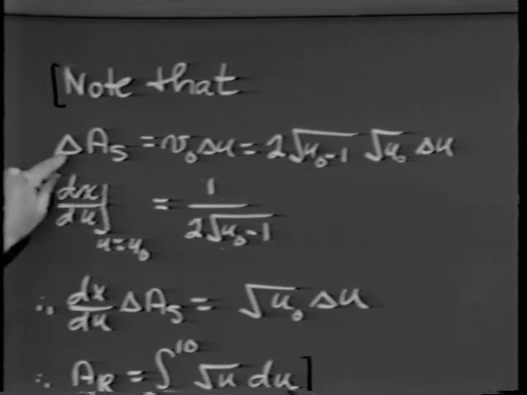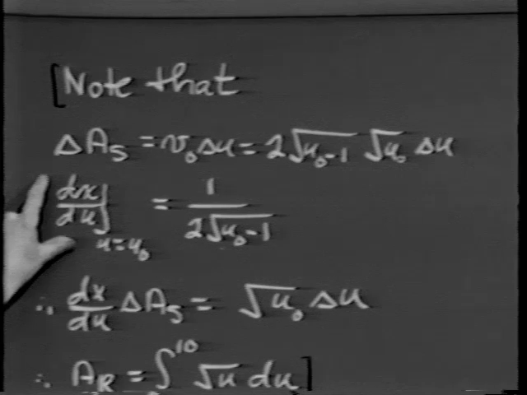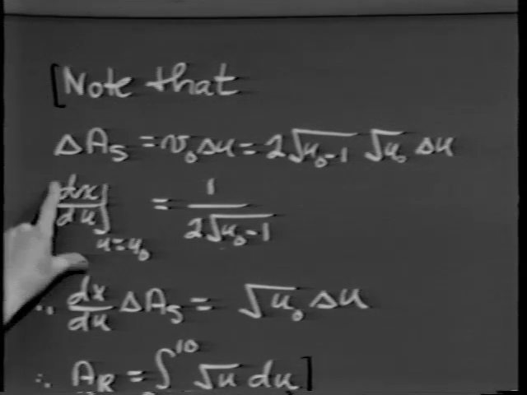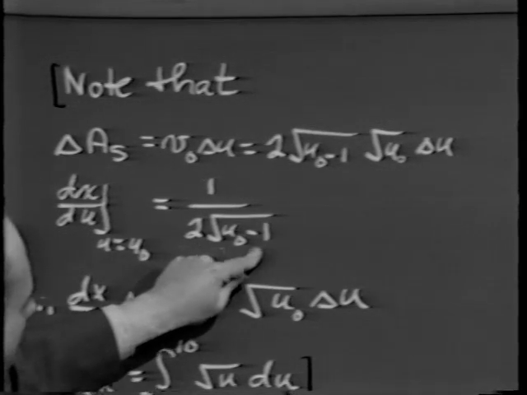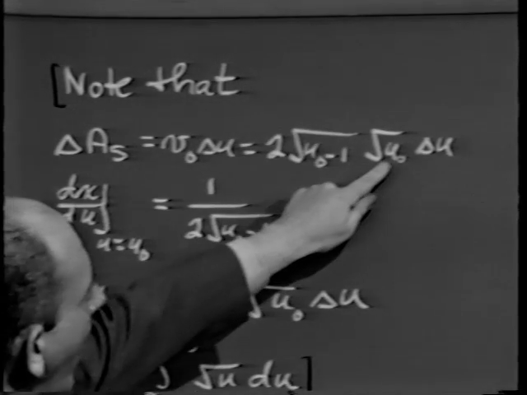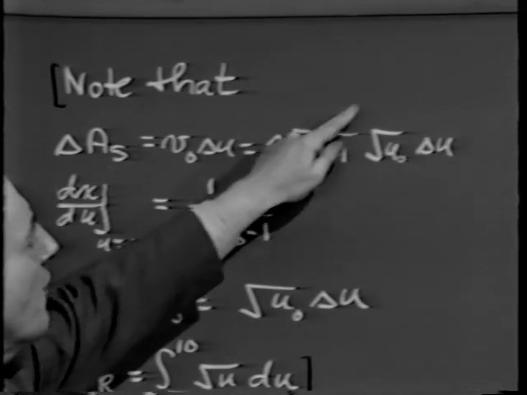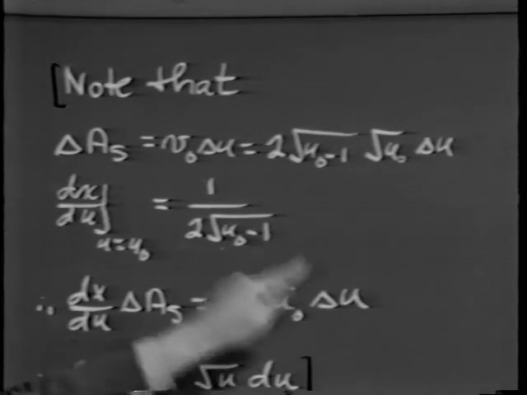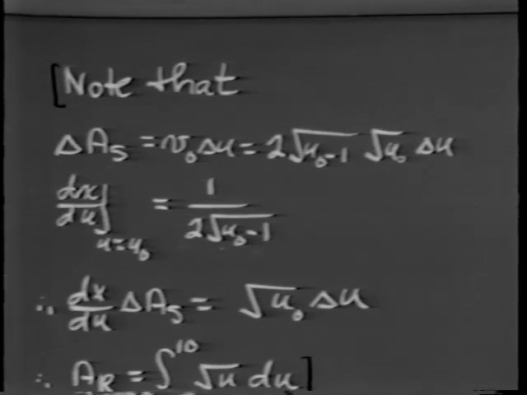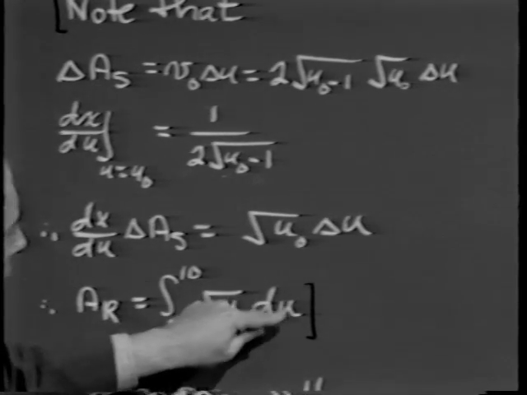Notice now, even though delta A sub S is quite messy, when I multiply it by this particular scaling factor, look at what that scaling factor wipes out. The 2 square root of u0 minus 1 wipes this out. All I have left is the square root of u0 times delta u. When I form the definite integral summing this up, it's trivial to see that it simply comes out to be the definite integral from 2 to 10 of square root of u du.